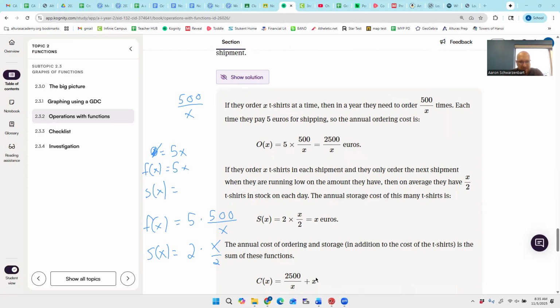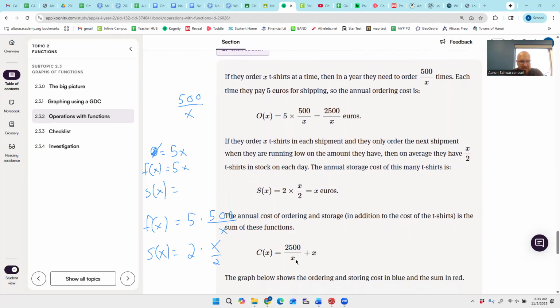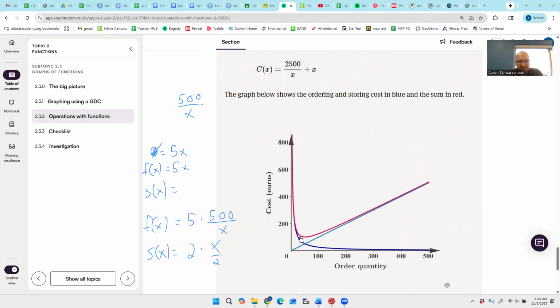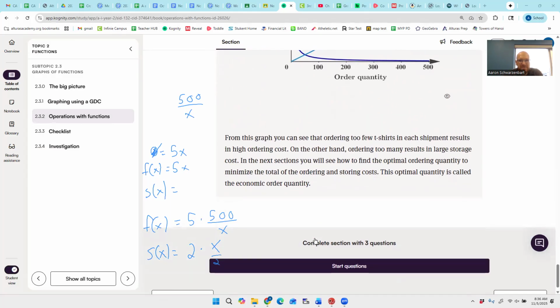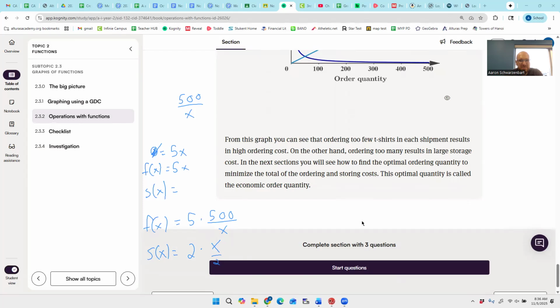So then all they did was simplify the functions and add them together: the shipment cost plus the storage cost. The graph of it is the red one. You'd probably want to minimize by finding the minimum. That makes sense.